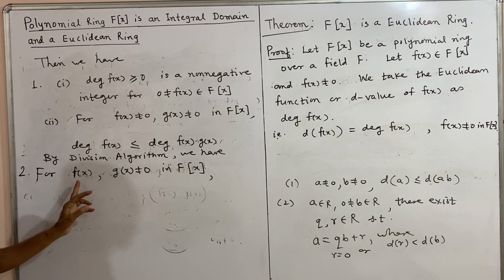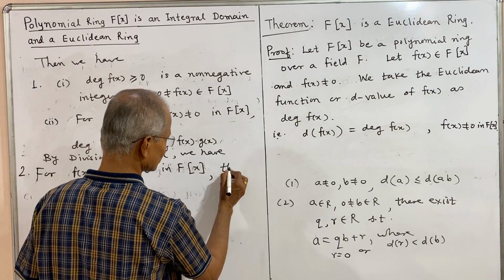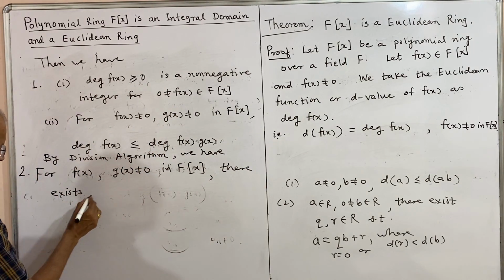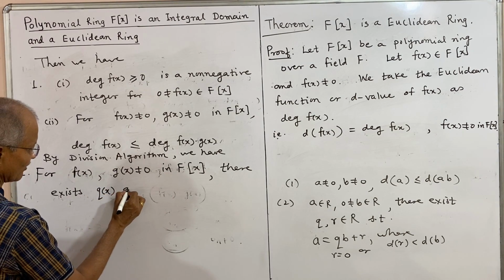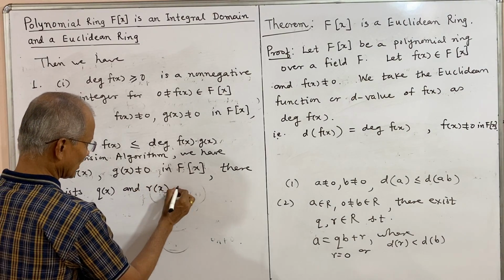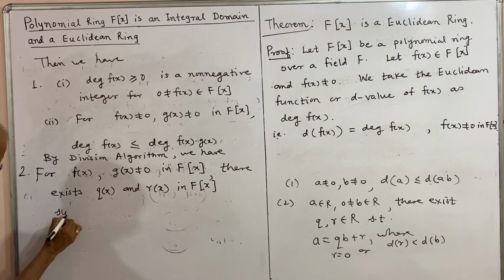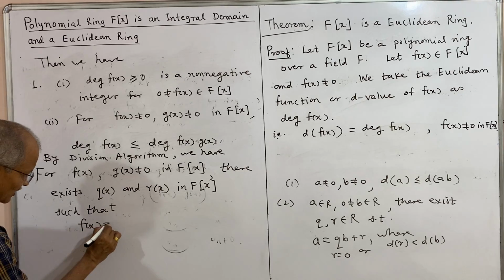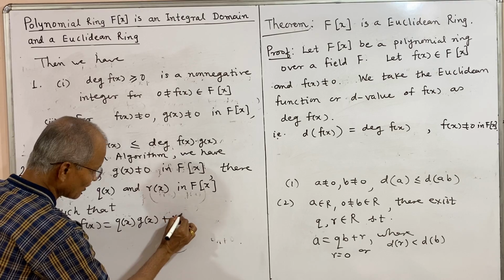For two polynomials where g(x) is not 0 and f(x) is any polynomial in F[x], there exist two other polynomials q(x) and r(x) in F[x] such that f(x) is written as q(x) into g(x) plus r(x).